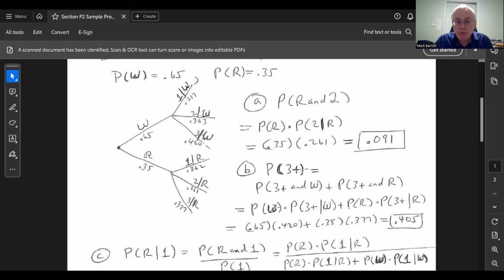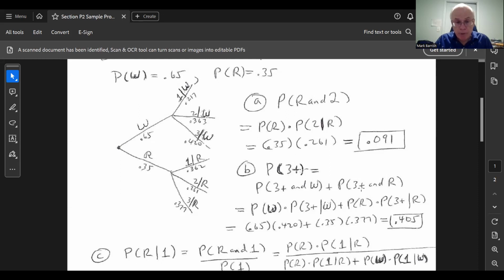Now, this joint probability, 3 plus and W, if you go along the tree diagram, it's simply the W, 0.65, times 0.42, right? You can see it, right? It's just this branch and this branch. If you multiply these 2 numbers, you get this one.